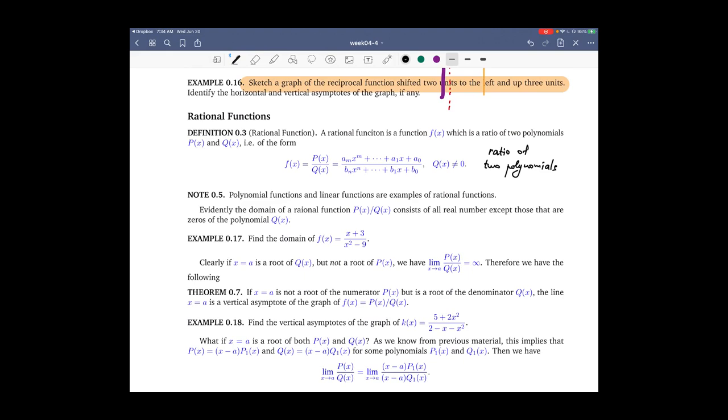So whenever we have two polynomials p and q, p of degree m with coefficients a0, a1, through am, and q of degree n with coefficients b0, b1, through bn, where of course q is not allowed to be the zero polynomial, the function that is their ratio is called a rational function.